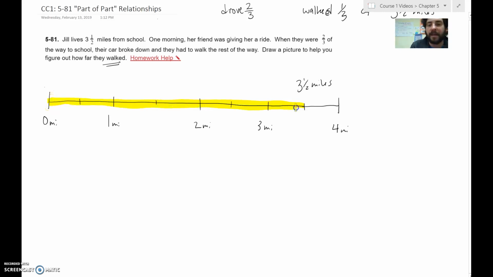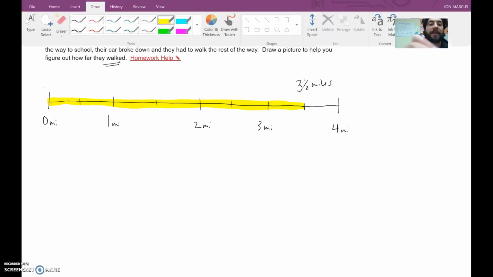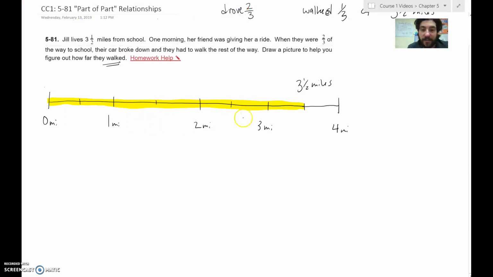All right. And I need to find 1/3 of it. Now, unfortunately, this isn't broken up into 3 equal parts, so I'm looking for 1/3 of this yellow portion here, and I'm asking, how many parts is it broken up into? It's not broken up into 3, it's not broken up into 6. It's 1, 2, 3, 4, 5, 6, 7.